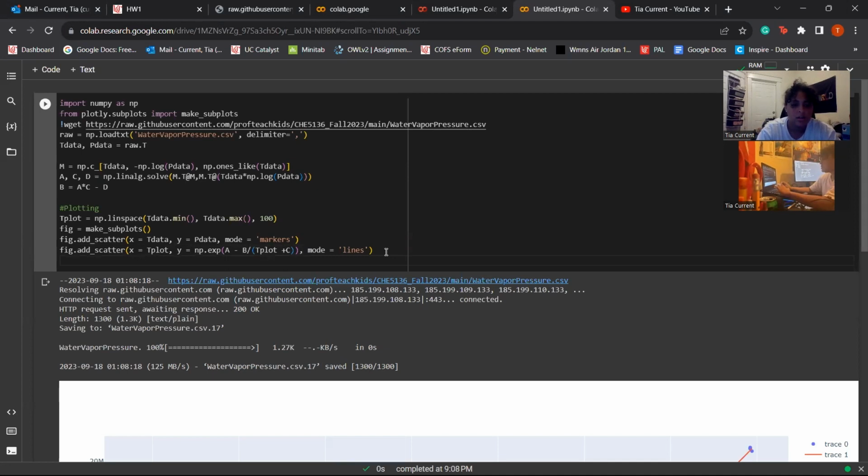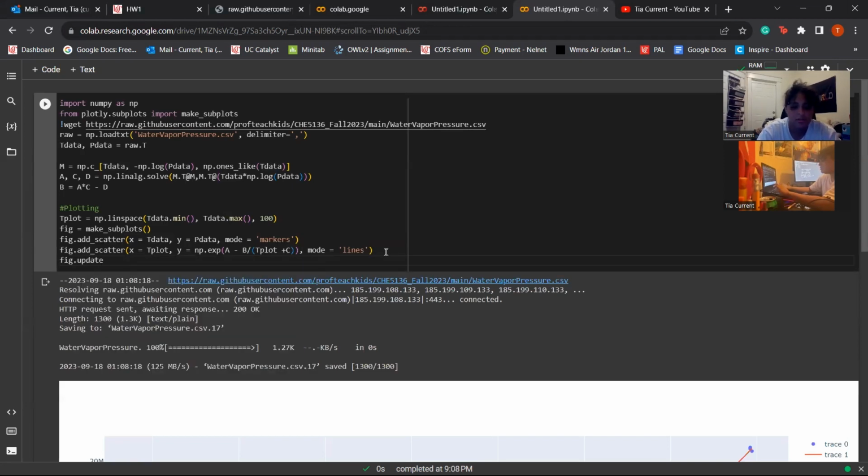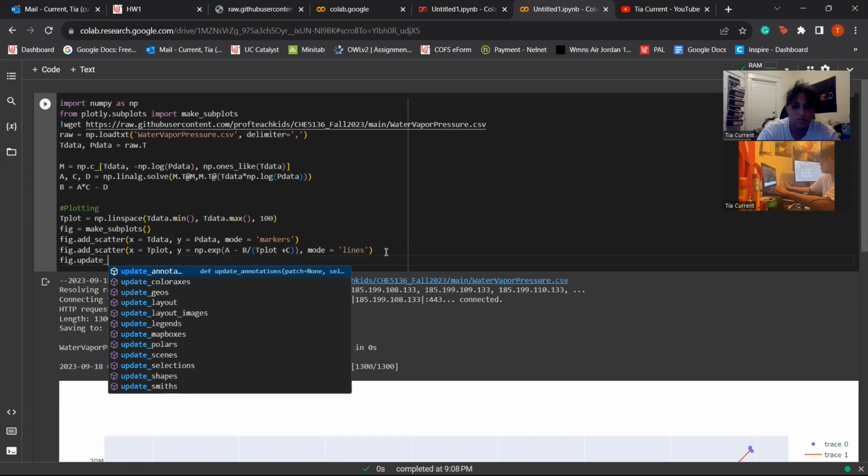Okay, the last thing. I'm gonna sound so silly in this recording. I'm so sorry, Professor. Figure dot update, I think. And you want to update your probably update underscore, because that's how the other one is set up. Fig dot add underscore scatter.